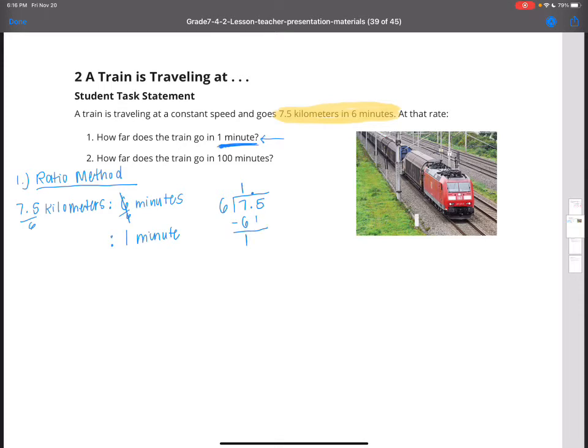And then you're going to drop that 5. How many times can 6 go into 15 without going over? If you guess twice, you are absolutely correct.